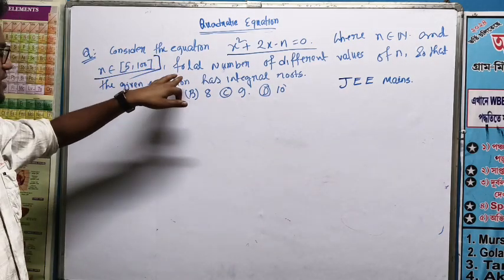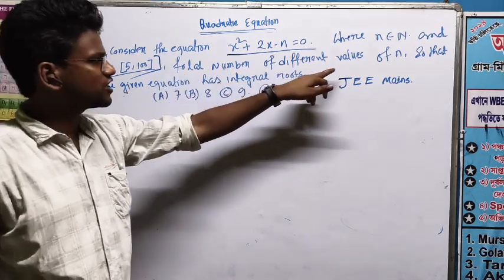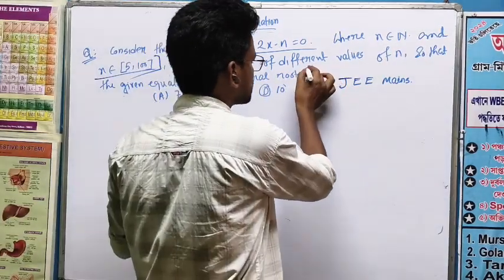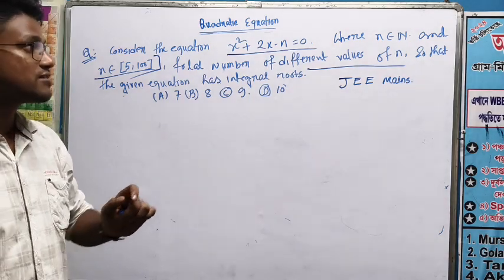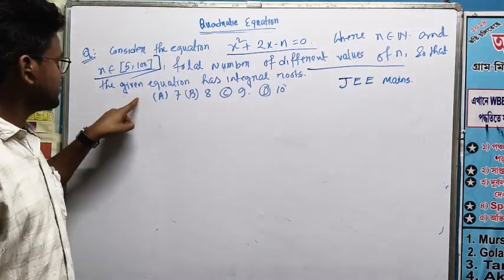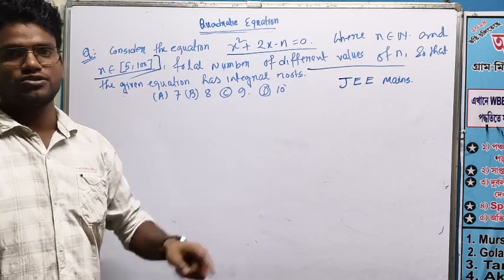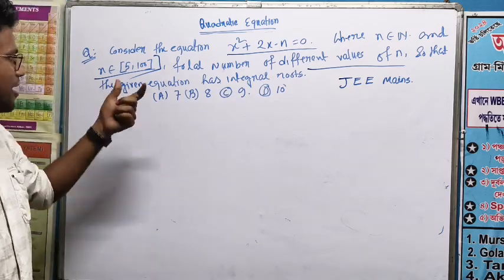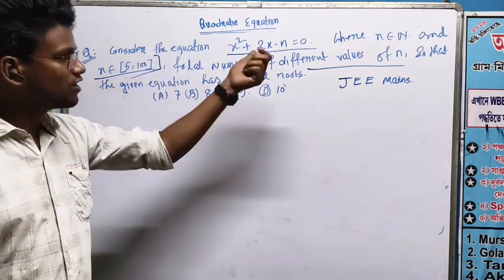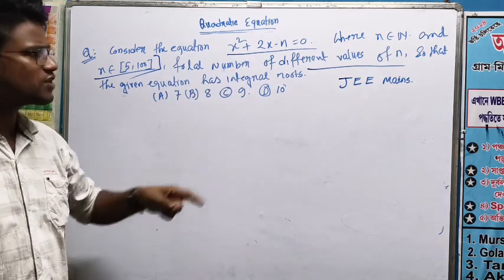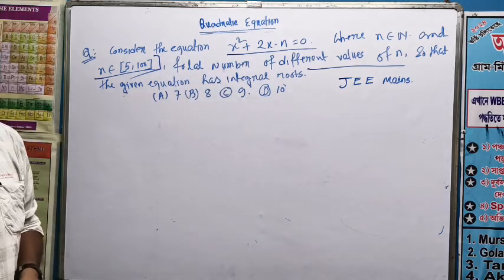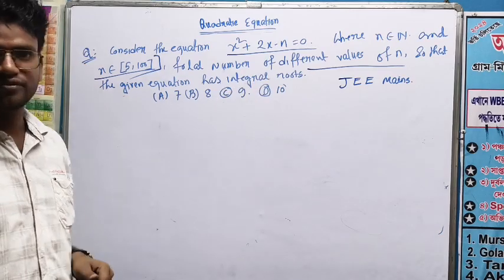And this question asks for the total number of different values of n so that the given equation has integral roots. So you have to determine the total number of values of n such that all the roots are integral roots. It depends totally on the values of n.